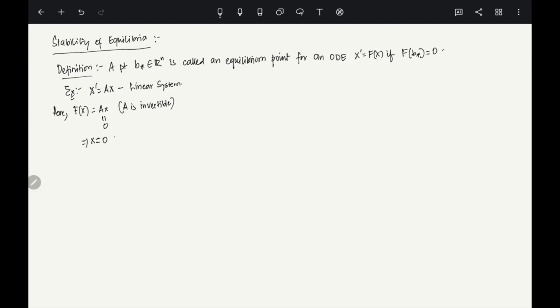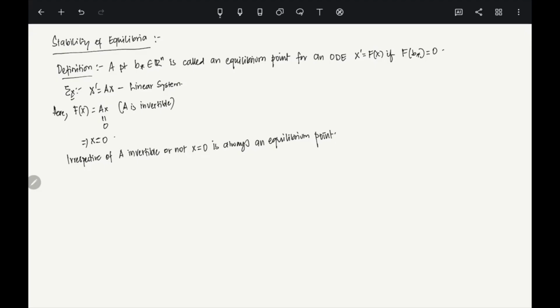Irrespective of whether A is invertible or not, x equals 0 is always an equilibrium point. I hope this is clear. If A is invertible, then this system has a unique equilibrium point.